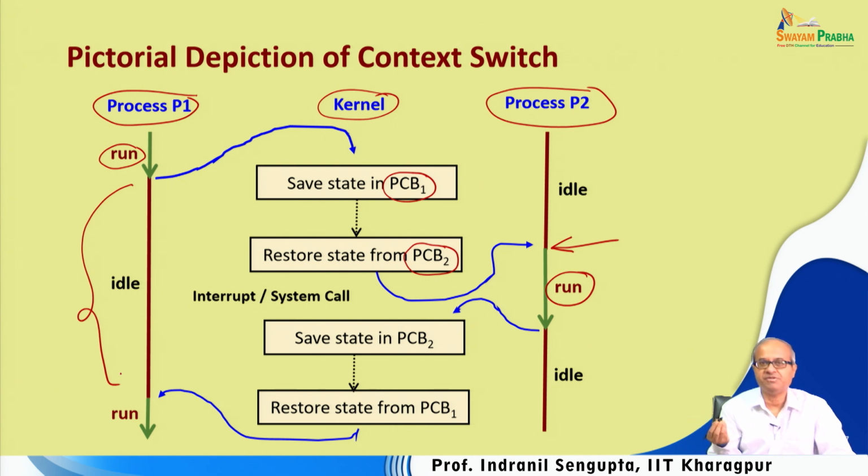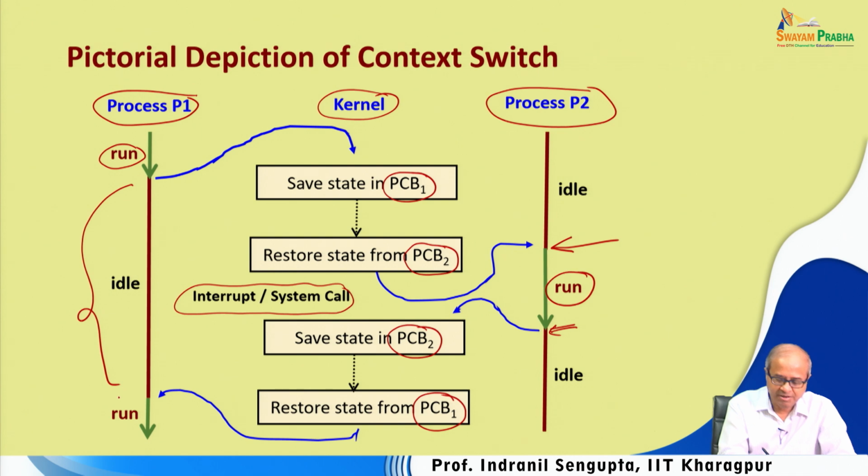Now, again in the future, whenever this process P2 invokes a system call or some other interrupt has come, so again P2 will be suspended here. So, the operating system will save the state of P2 into PCB2. Let us say it wants to again give the CPU back to P1. So, it will restore the state of the corresponding PCB, and then it will continue execution from here.